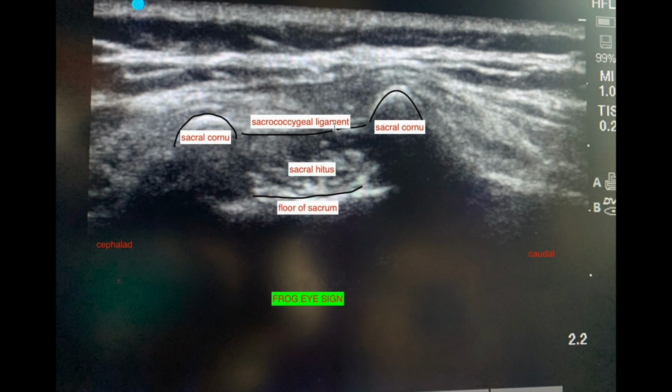Below the sacrococcygeal ligament there is another hyperechoic line, that is the floor of the sacrum, and the space between the sacrococcygeal ligament and the floor of the sacrum is the sacral hiatus.